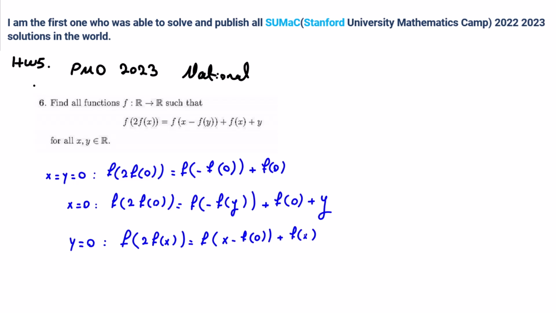F of 2 f of negative f of x. We reach this, x plus y. And we have f of 0, lots of f of 0s. So can we, for example, write something to cancel some terms?